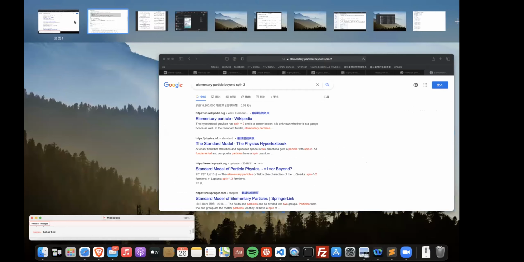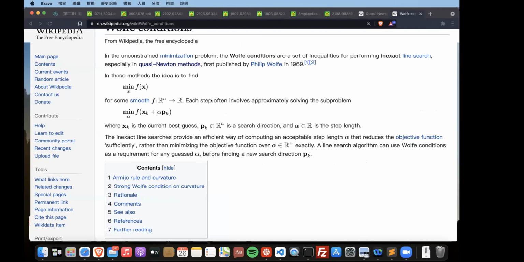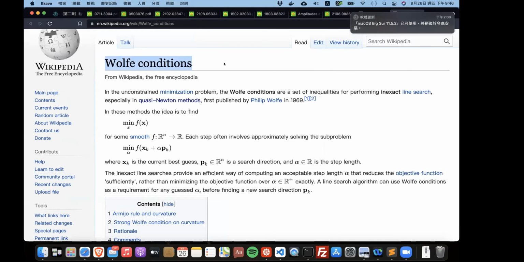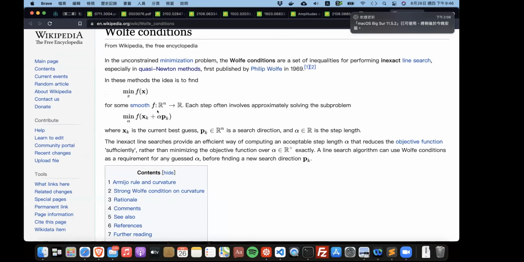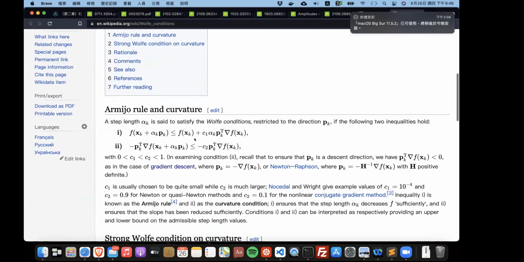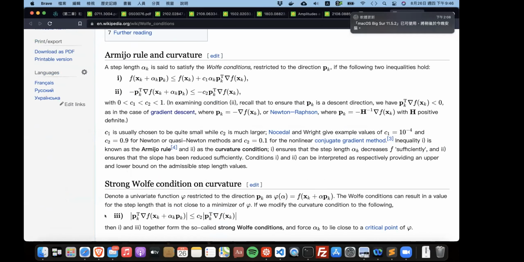But actually, after some searching on the internet, I found that it requires some additional conditions on the step size for the iteration process. So maybe I have to review these in detail and modify my code. Okay.